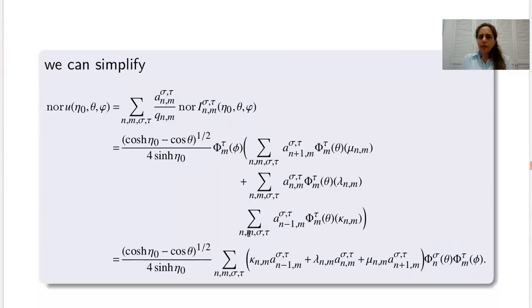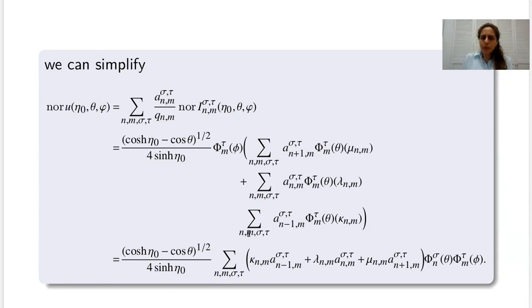We can simplify norm u. We say that norm u is equal to these summations of a over q times norm I n m sigma tau of eta naught, theta, and phi.